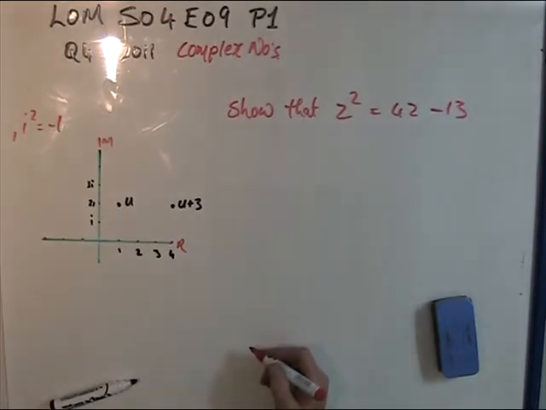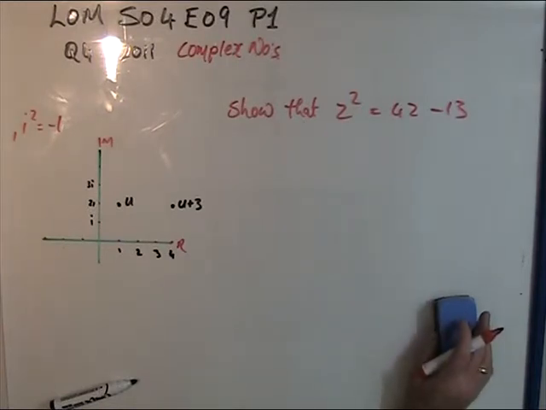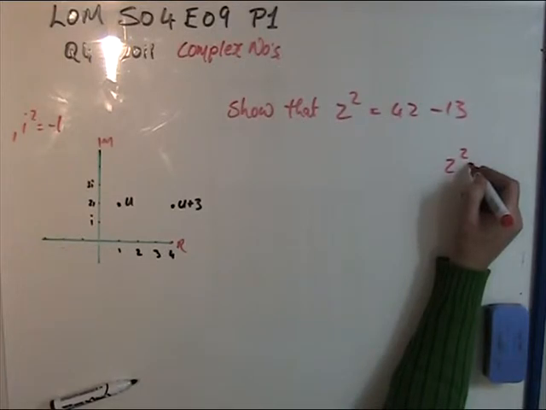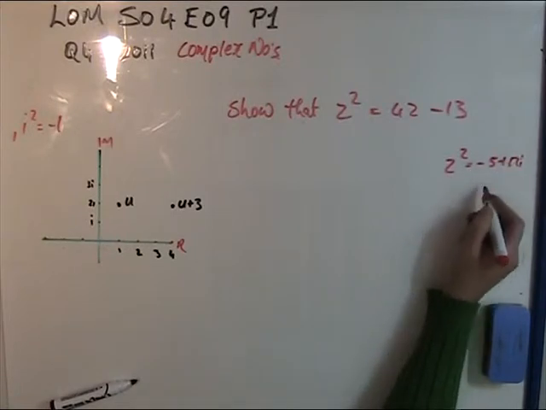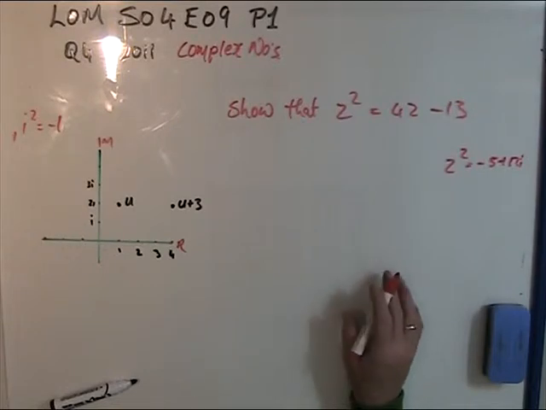Okay. Now, well, we know what z squared is. Okay. z squared is equal to minus 5 plus 12i. Okay. Now, show that. So we've got two choices here.